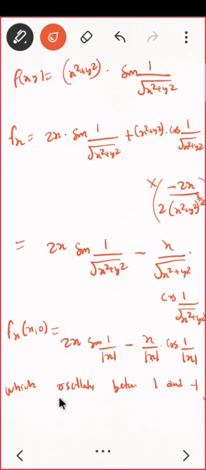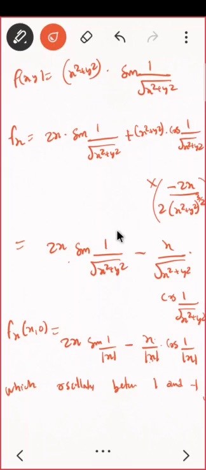Similarly for fy you can check. In fy, what will remain? Here you will be having 2y and that's it, with sine and cos. Same thing, just a little bit of change will be there. So similarly, thus what can you see?